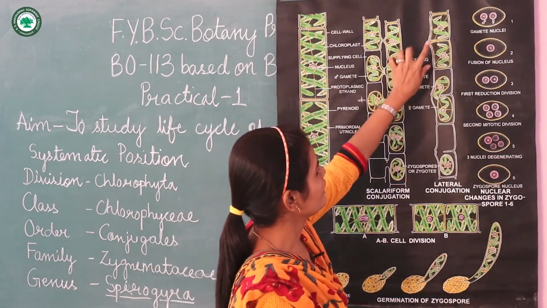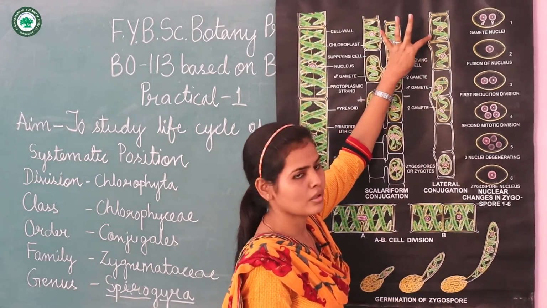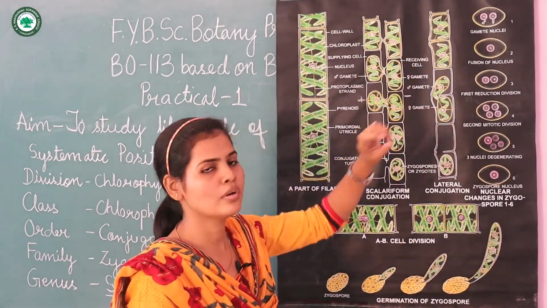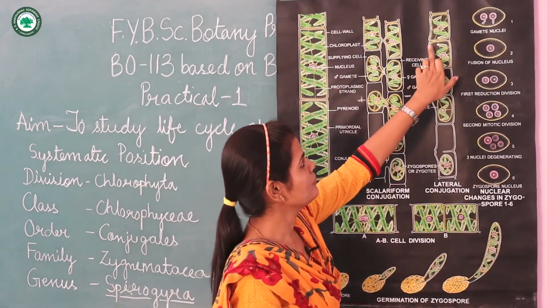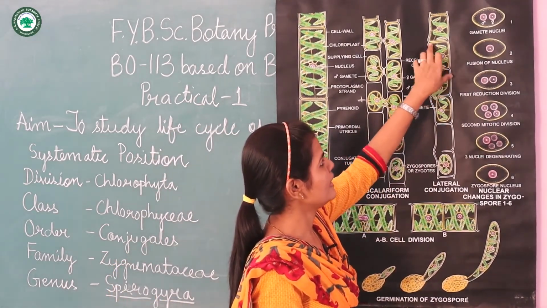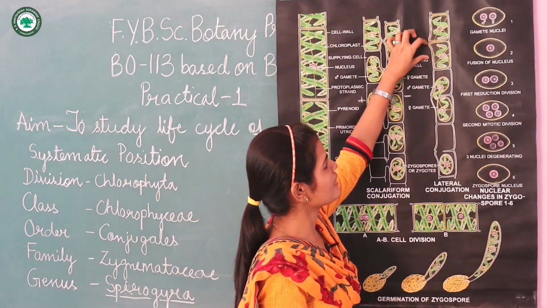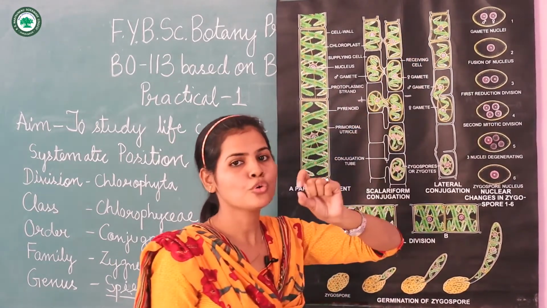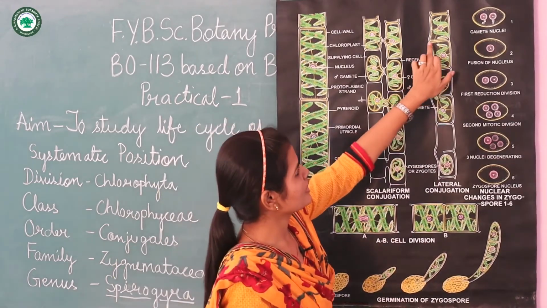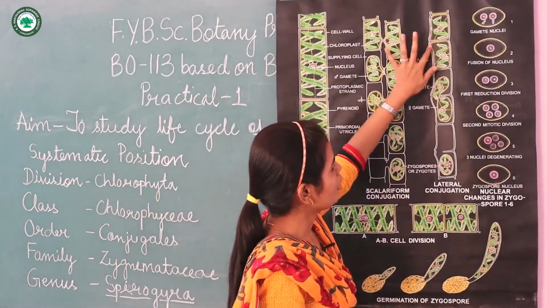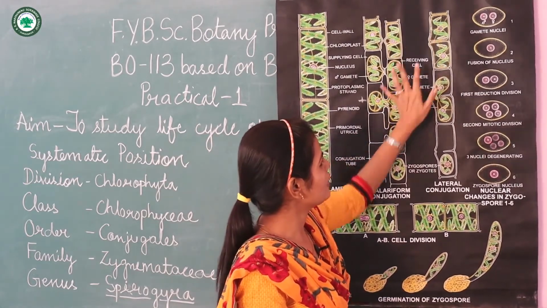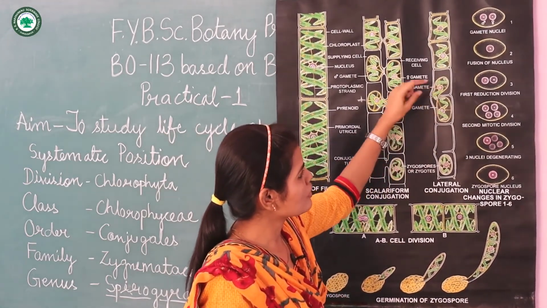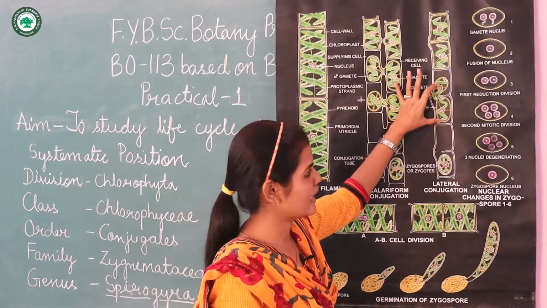So here you can see, a protuberance-like structure will appear from the two cells, both cells forming a protuberance towards each other. Later on the wall between these two cells will dissolve, and here also there will be positive and negative strain.